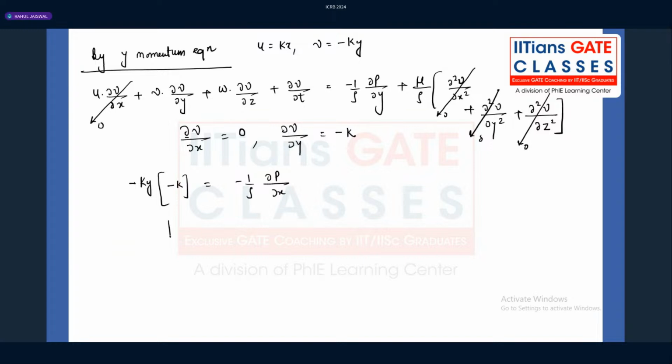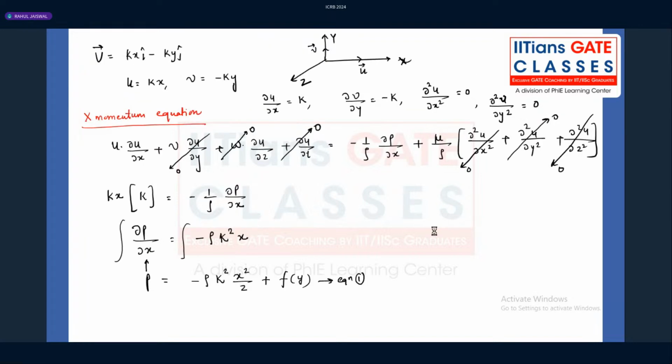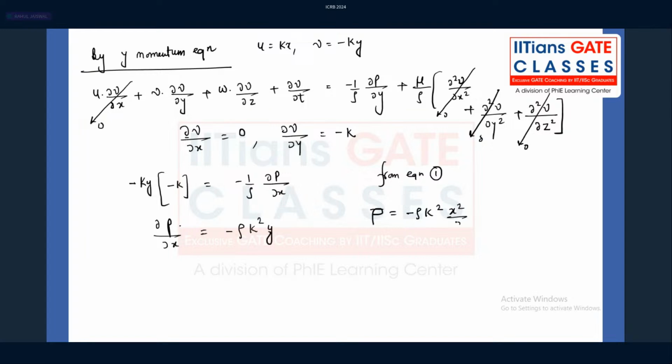Now here what we can get, guys, is dou p by dou x. What is the dou p by dou x? Minus rho k square into x, from equation 1. If you see, what is equation number 1? Already we have written: p is equal to minus rho into k square into x square by 2 plus some function of y.